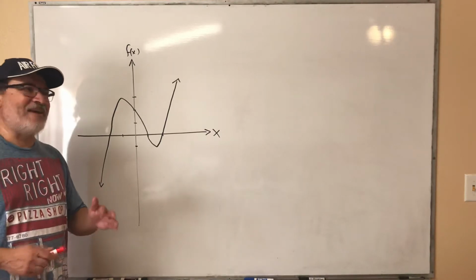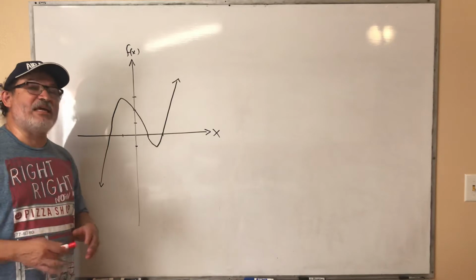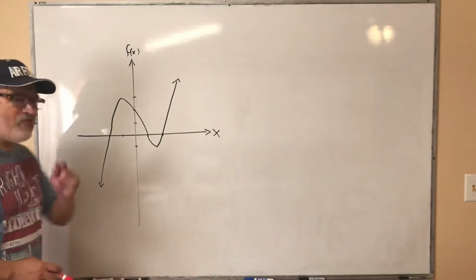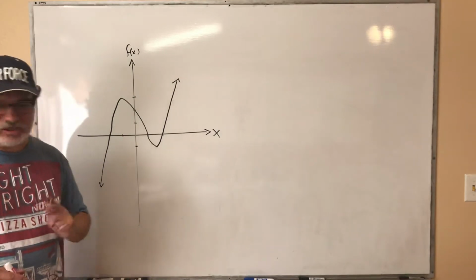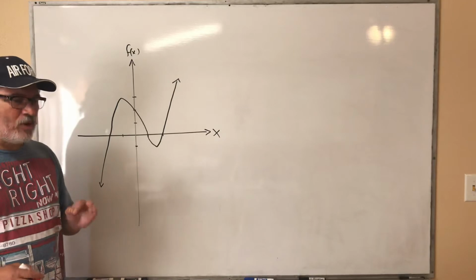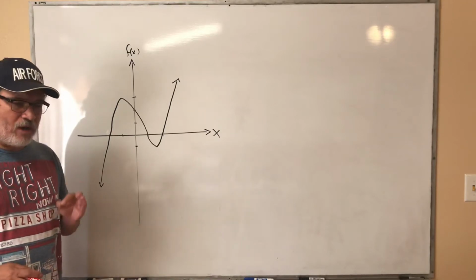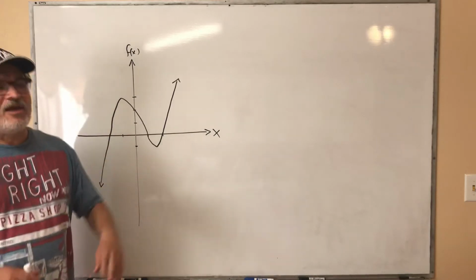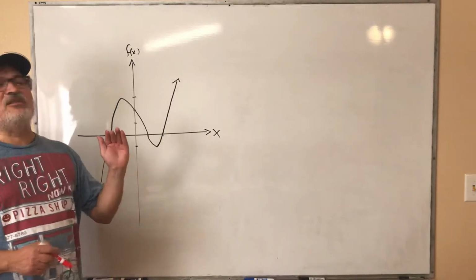And so when we say x values, we want the intervals. Okay? So if you were walking on this function, we want to know where this function is increasing and where this function is decreasing.